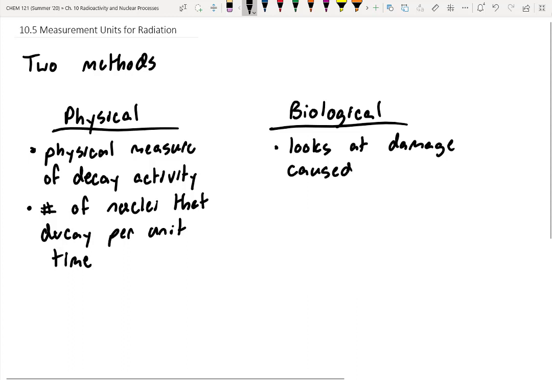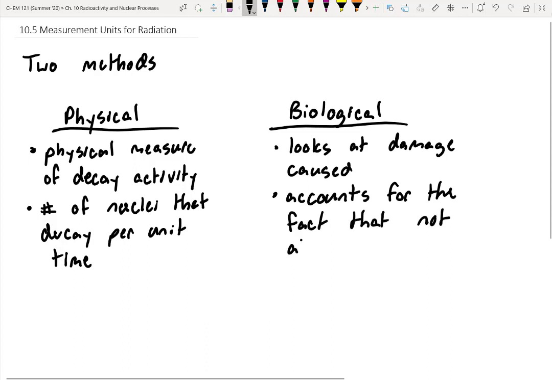Very, very different intents and purposes with each of these. Another cool thing with the biological one is that it accounts for the fact that not all radiation types are equal.